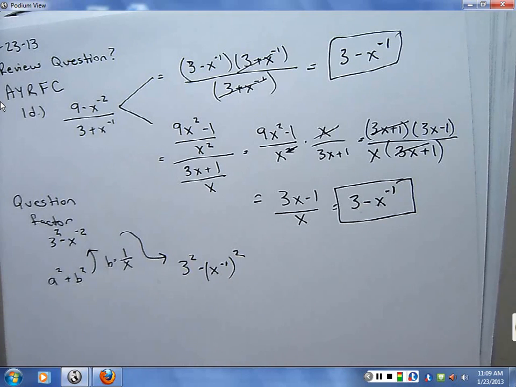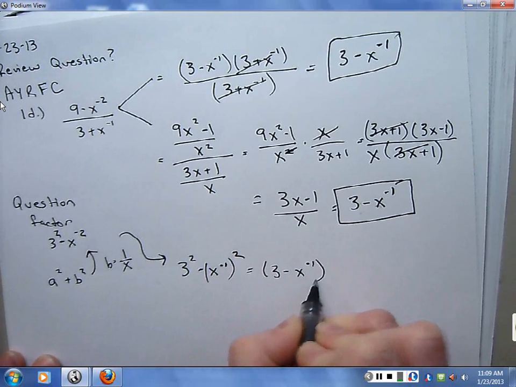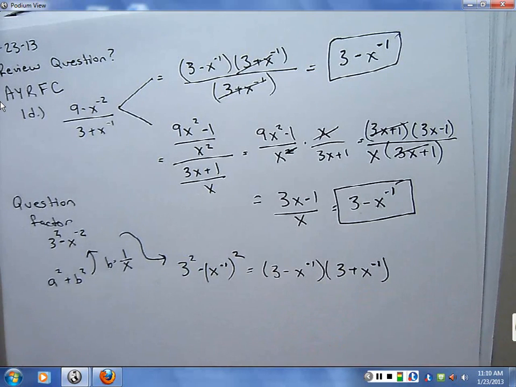So my b is x to the minus 1. So then it would end up being 3 minus x to the minus 1 times 3 plus x to the minus 1. That minus 1 is playing the role of b, if I do a squared plus b squared. Sorry, a squared minus b squared. You cannot factor the sum of squares.